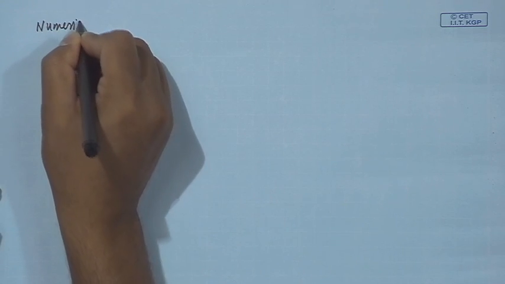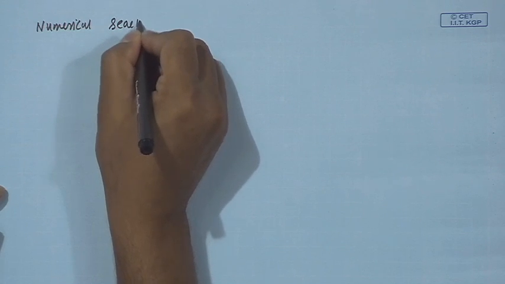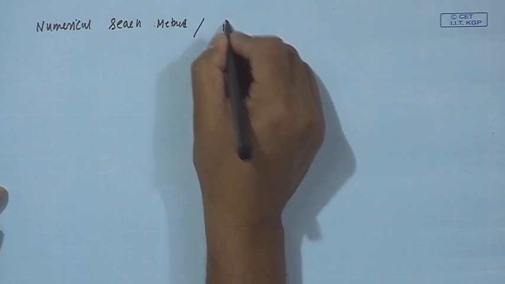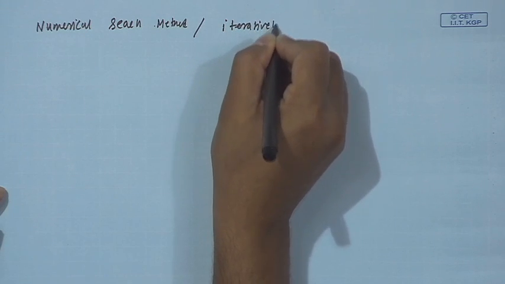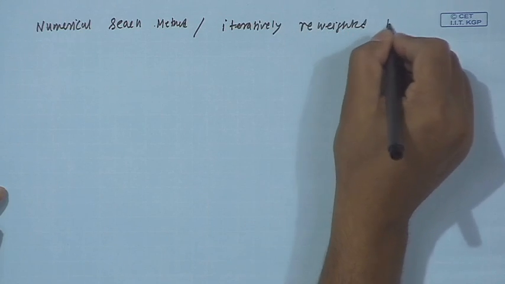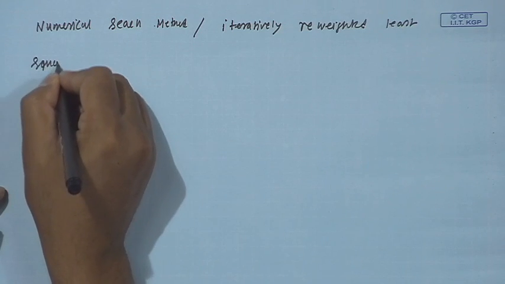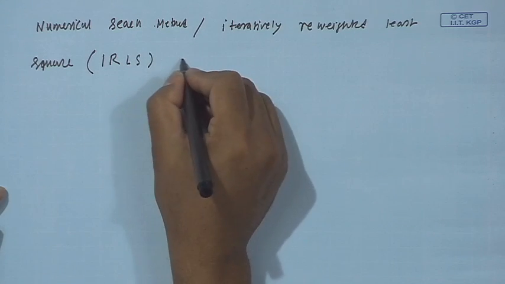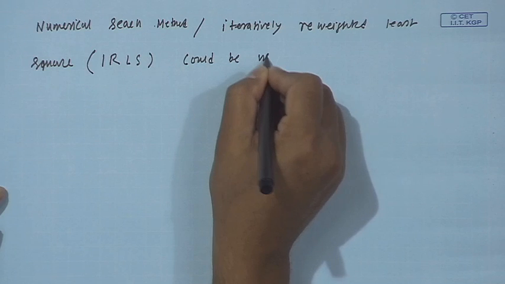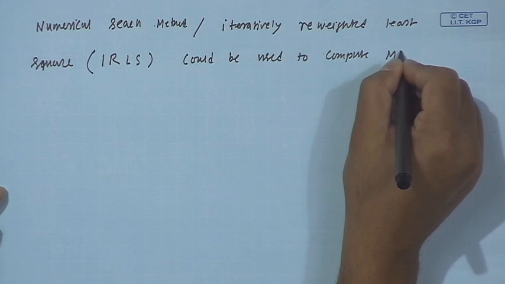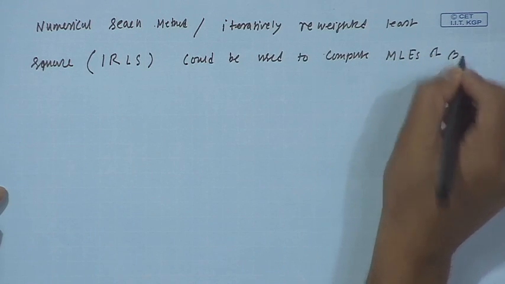So, maybe a numerical search method, or something called iteratively reweighted least squares, this is IRLS, could be used to compute the maximum likelihood estimates of beta.